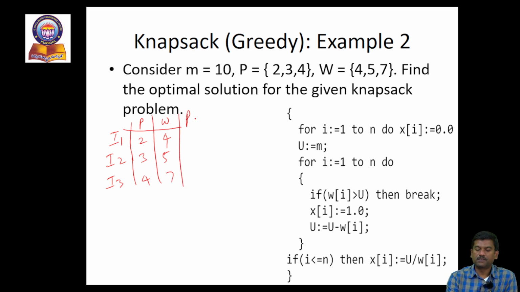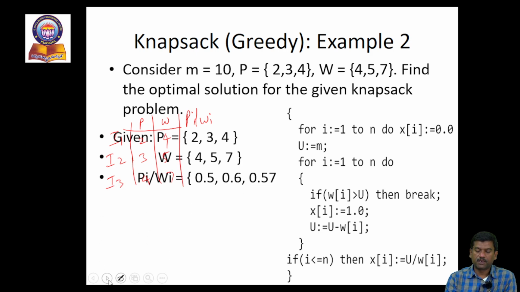You have to arrange according to Pi by Wi. So when you arrange these items by Pi by Wi, you can observe that P1 by W1 equal to 0.5, similarly 0.6, as well as 0.57. So this will be your first job that has to be taken into the solution set.